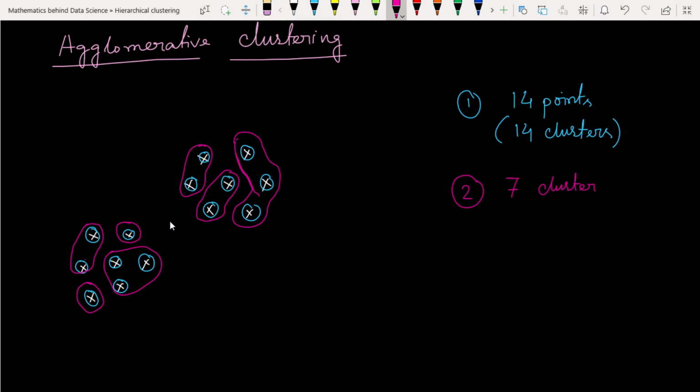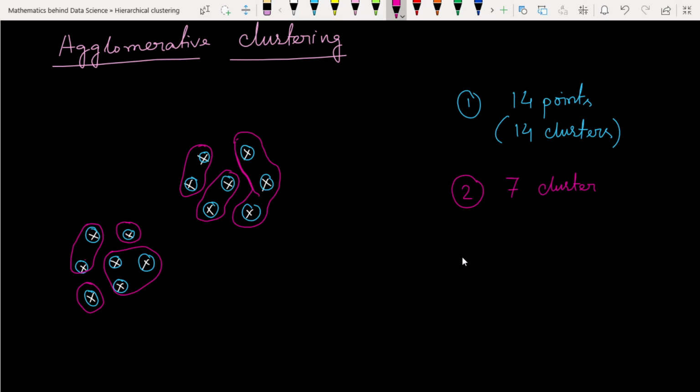First we take each point as an individual cluster, and in the second step we consider the closest points and make them a single cluster. In these examples we took these 2 points as the closest and made a single cluster. Similarly here also, and here also. So in the second iteration we got 7 clusters.